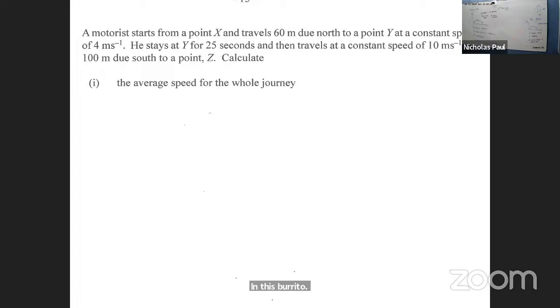Average speed is total distance traveled over total time.